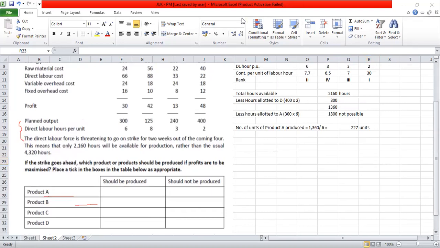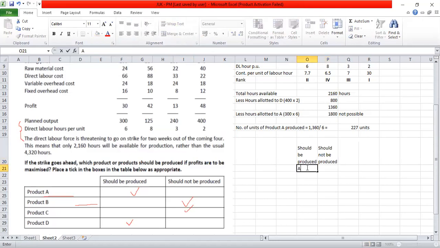So produced will be A and D. Not produced will be B and C. I hope you understood the concept. Is this clear?